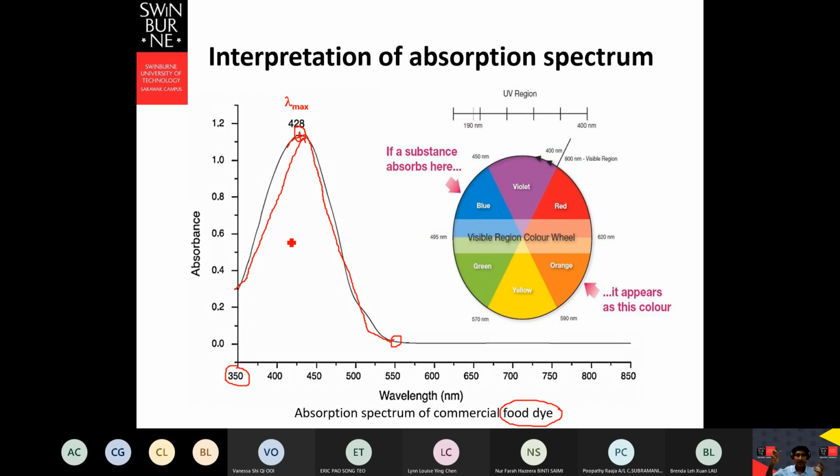Suddenly the compound starts to absorb more of the light. But at 550, 600, 700, 800, why is it not absorbing? So can anybody give me an answer? Attraction to electron. All right, close.